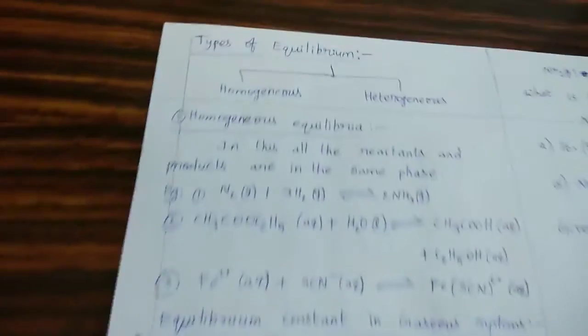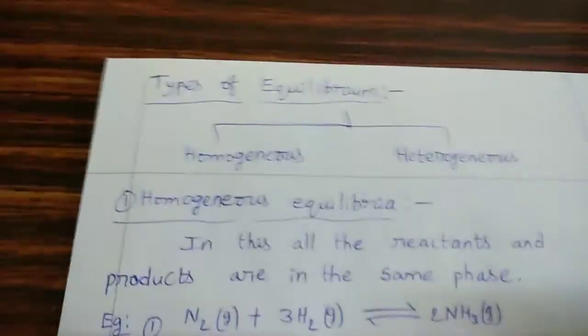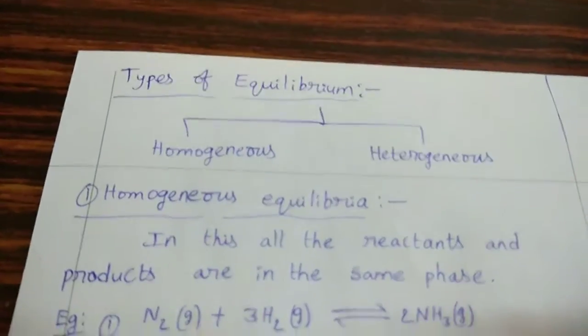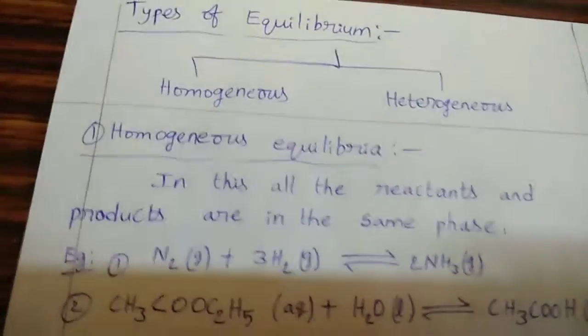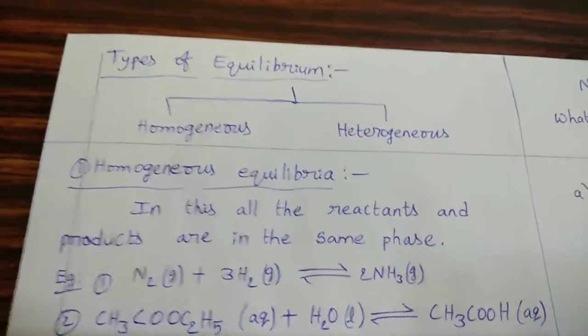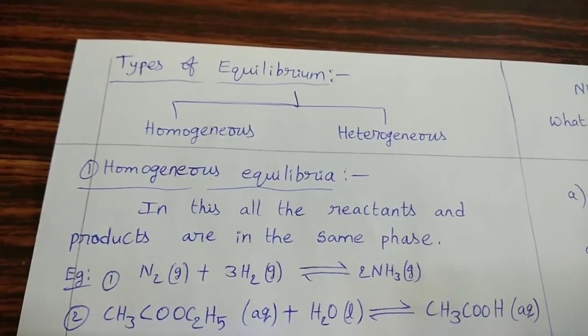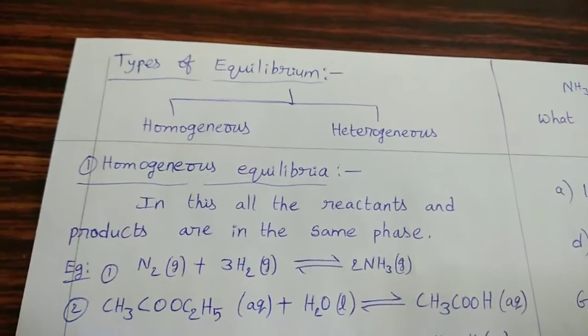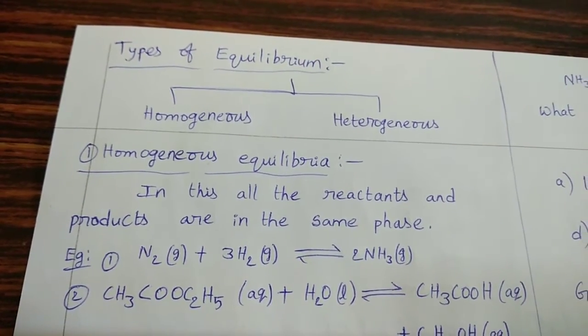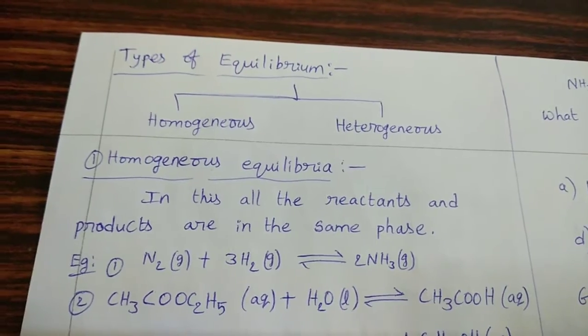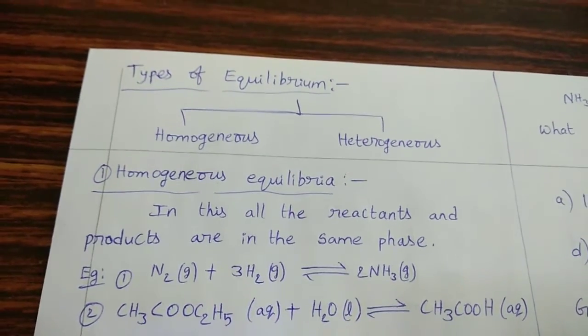Now this equilibrium is classified into two types: homogeneous and heterogeneous equilibrium. Homogeneous, see the definition. In this, all the reactants and products are in the same phase. All are present in gaseous state or liquid state or solution state. That type of equilibrium reaction is called homogeneous equilibrium.